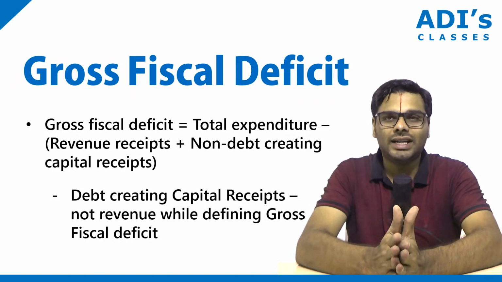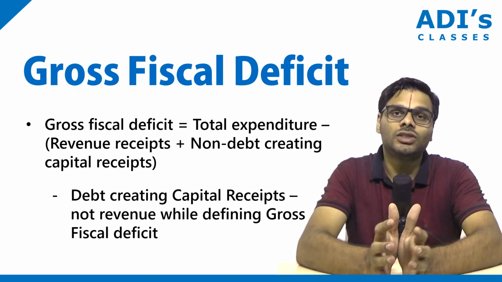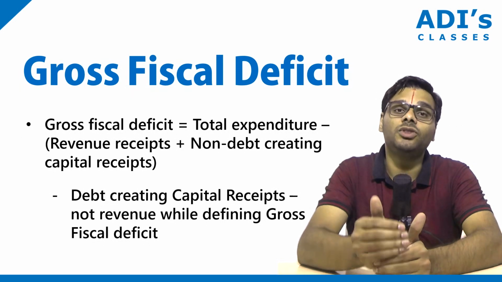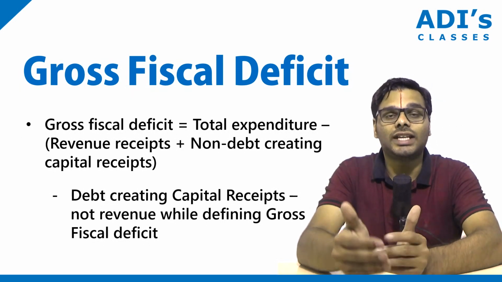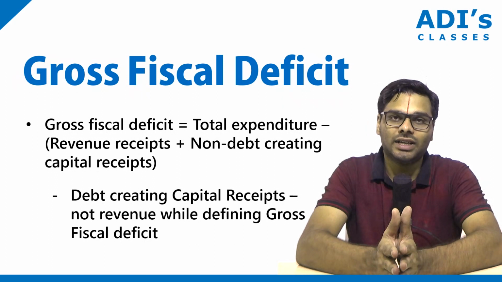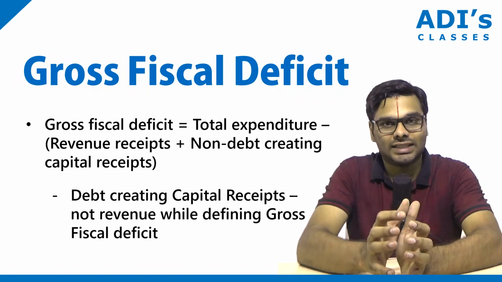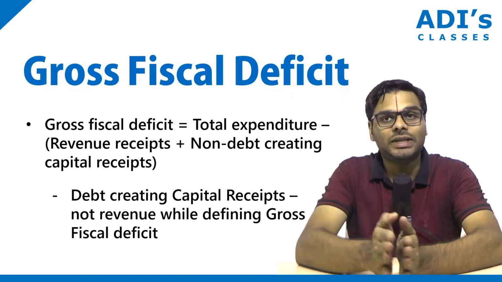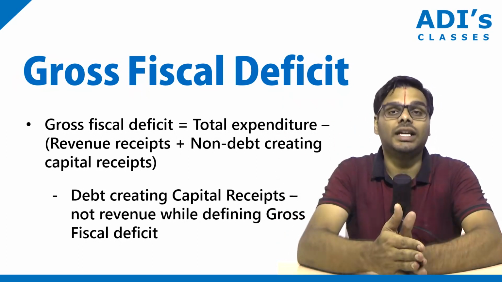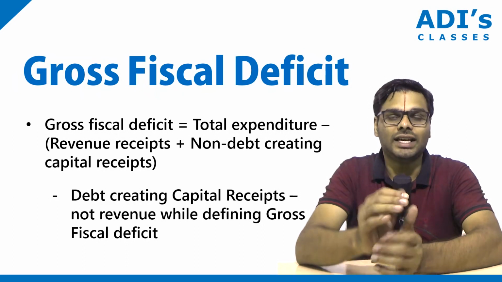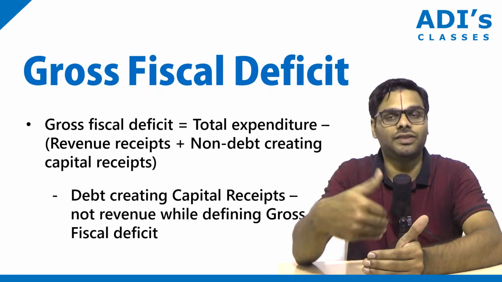Although such receipts do not create debt, they do cause a future loss of earning due to the sale of capital assets like PSUs. Right? PSUs are capital assets. Now, if you sell these, that means they cannot earn you money in the future. For example, let's say you have a house that is giving you rent.